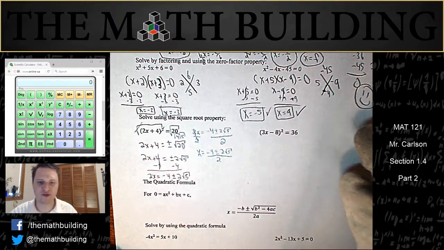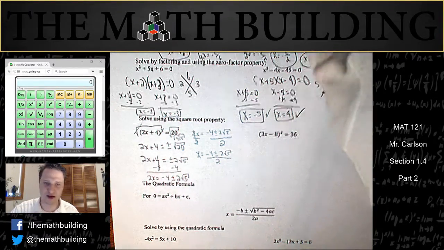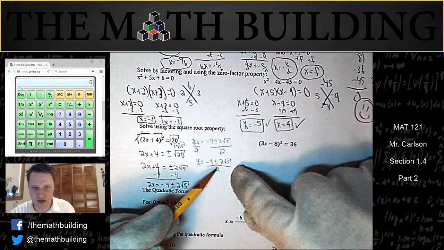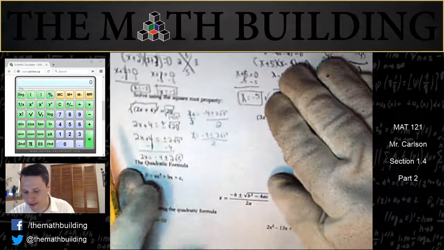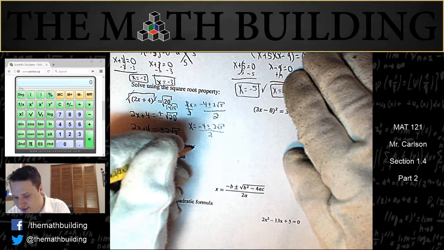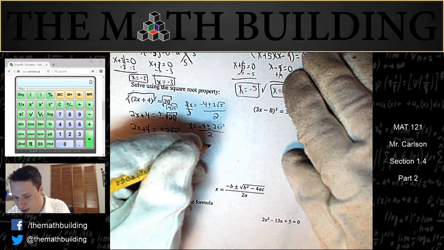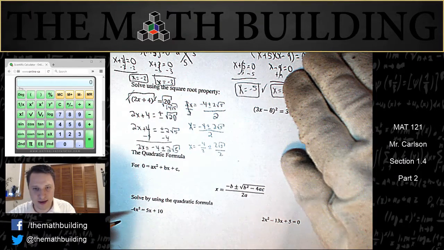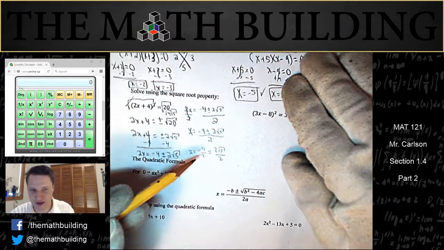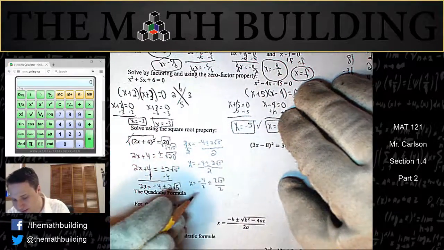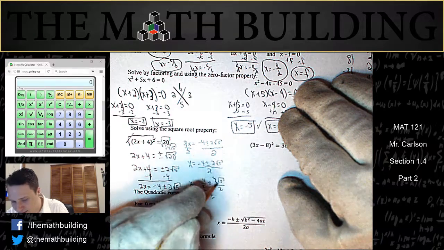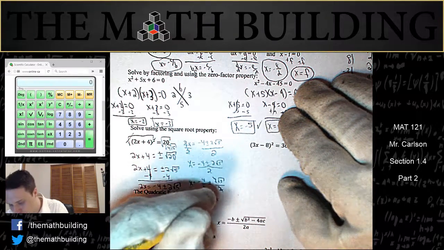So hopefully if you remember from the complex numbers section, we can actually simplify this because all of these numbers are even. So let's go ahead and break it up a little bit. Let's break that up into x equals negative 4 over 2 plus or minus 2 root 5 over 2. And you see that that'll simplify nicely. Negative 4 divided by 2 is going to become negative 2 plus or minus, those 2's cancel, square root of 5.